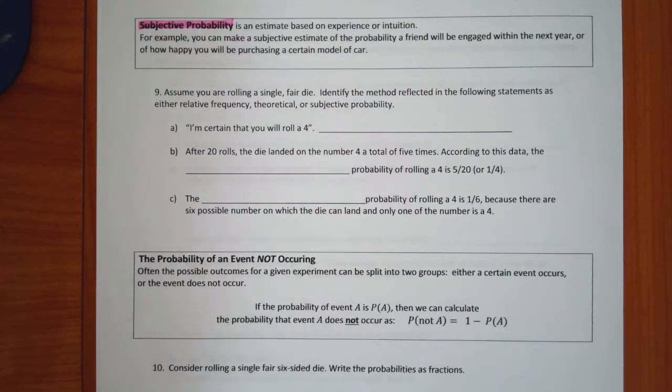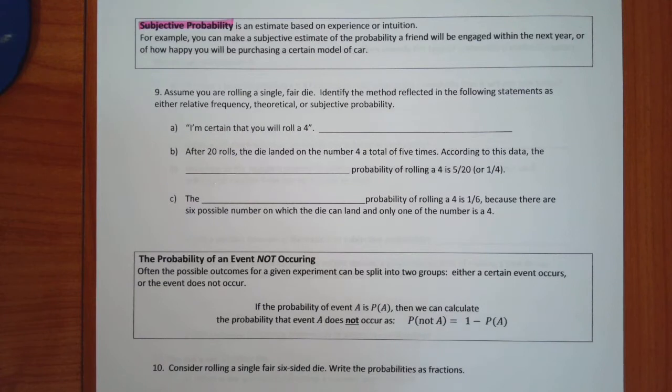For example, you can make a subjective estimate as to the probability a friend will be engaged within the next year, or of how happy you will be purchasing a certain model of a car. Okay, those are a couple of examples. But again, it's just based on an intuition or experience.